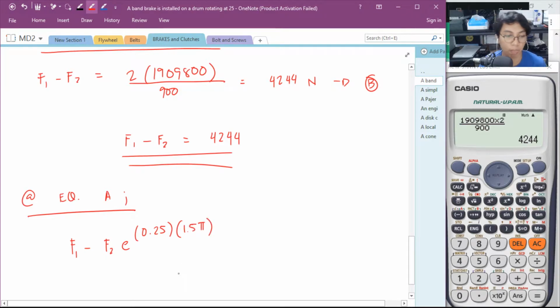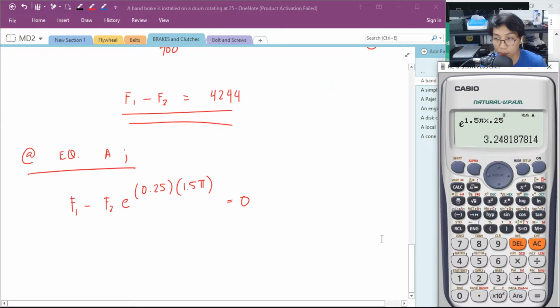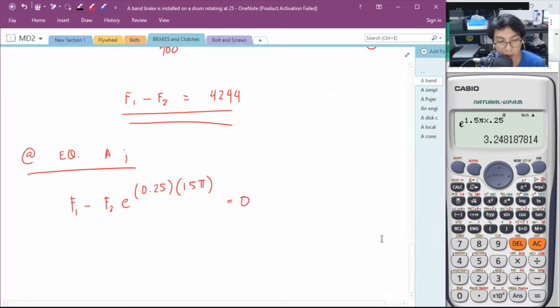Non-unit yan. So we simplify this one equal to 0. So shift E, 1.5 shift pi multiplied to 0.25. The value will be 3.2482. Lagay na lang natin ganun.